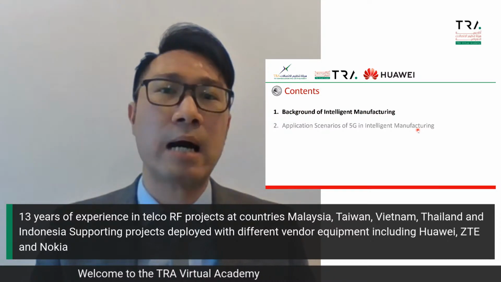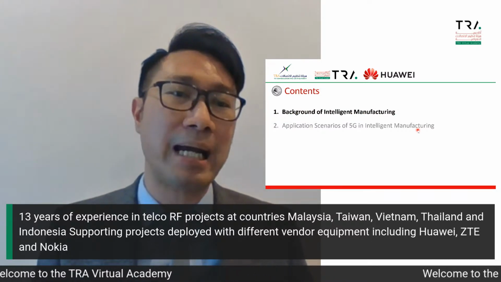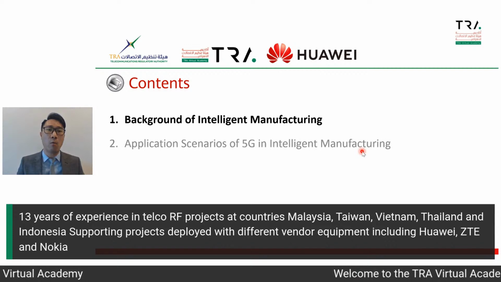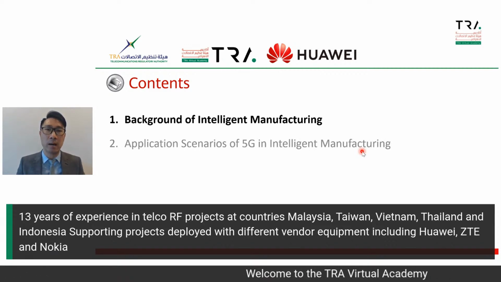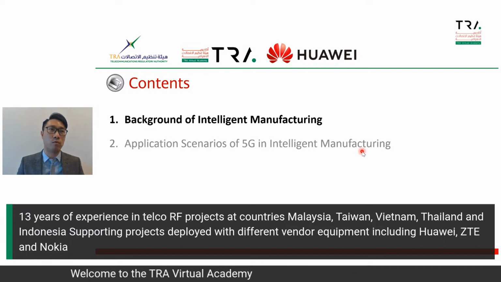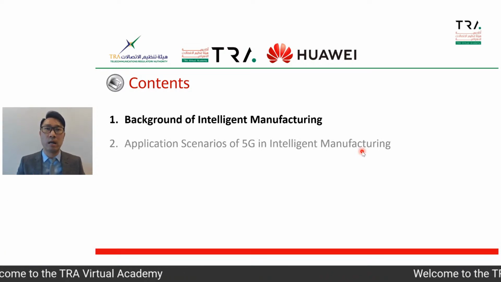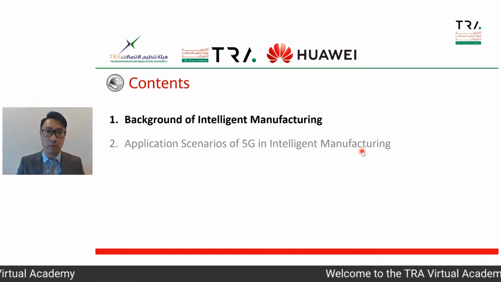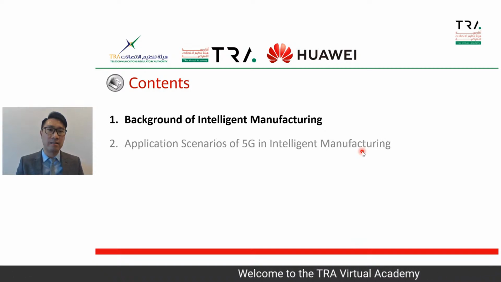First, we will start with a little bit of background introduction on what intelligent manufacturing is. Previously, we had also listened about Industry 4.0. So what does it really mean?